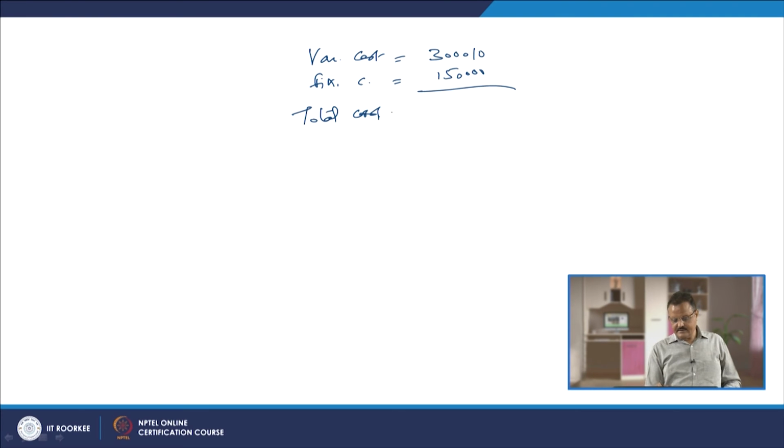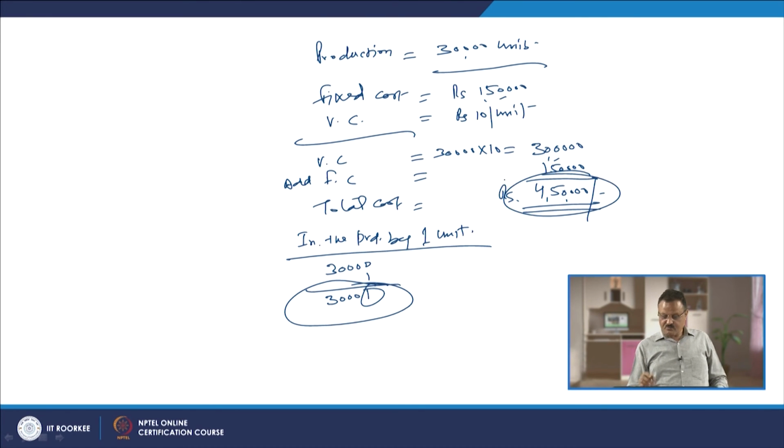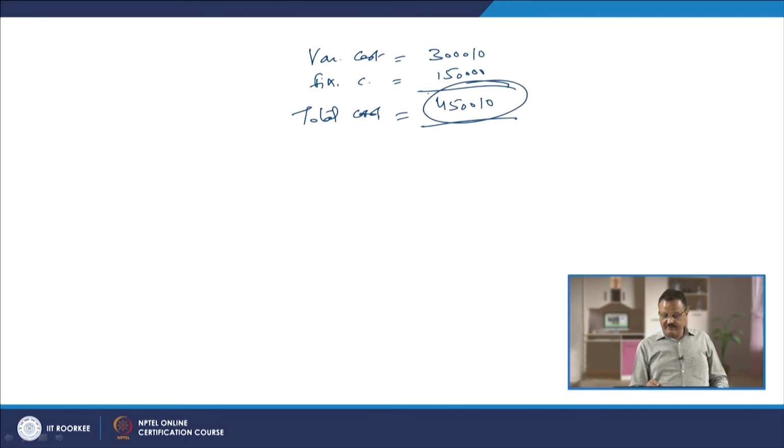Total cost is 4,50,010 rupees. Earlier what was the cost? It was 450,000 rupees. Now what is the cost? 450,010 rupees. So this 10 rupees cost has increased because of the increase in the production by 1 unit.